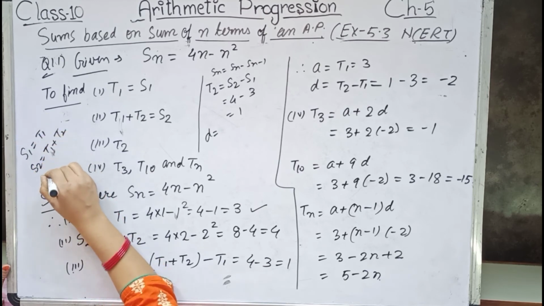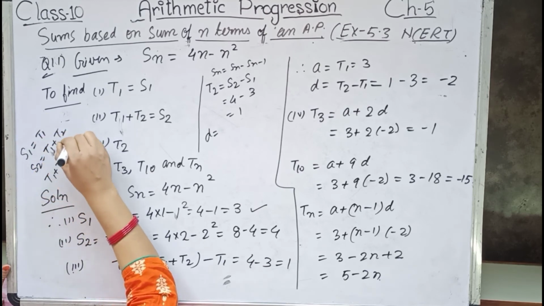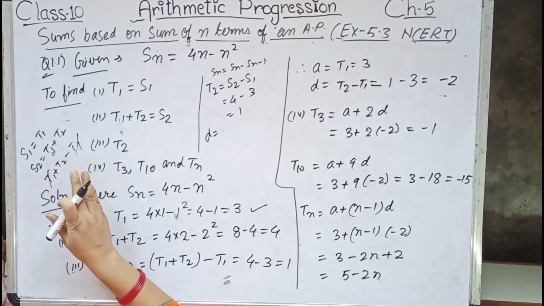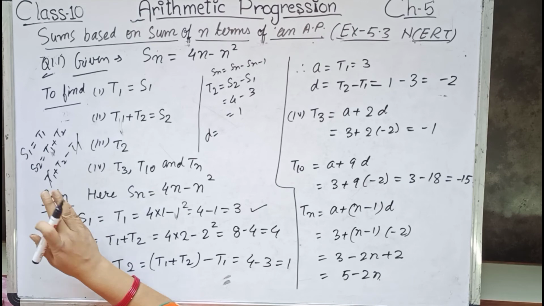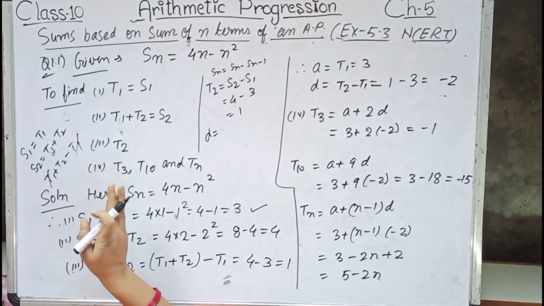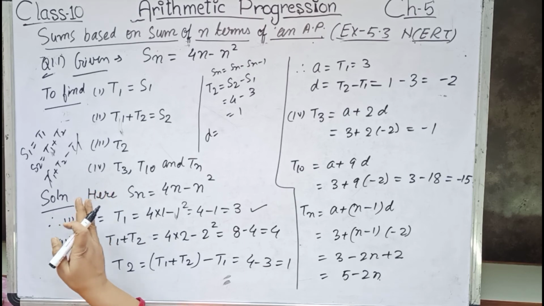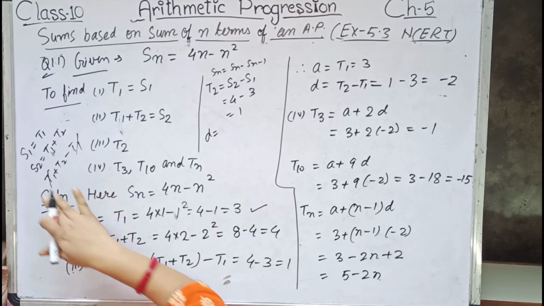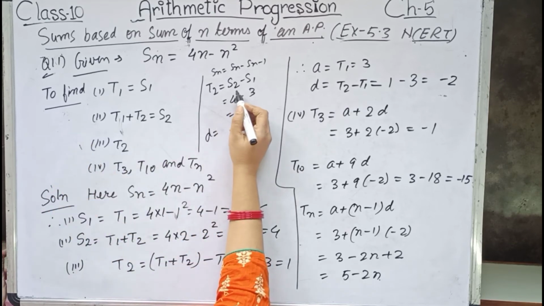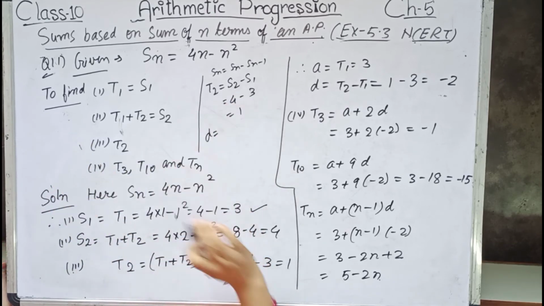So if we talk about t1 plus t2 minus of t1, we will be getting t2 only. So we cannot write the common difference as s2 minus of s1. This will be wrong. Okay? So common difference is t2, term 2 minus term 1, or a difference of any two terms only. So I think now you understand. So term 2 we can also write as s2 minus of s1.